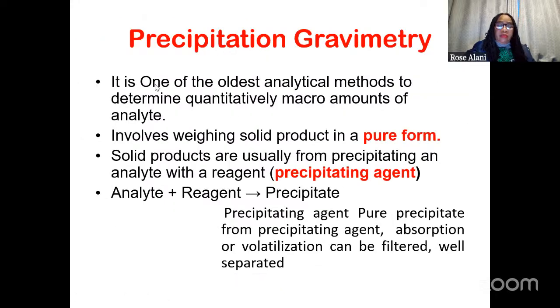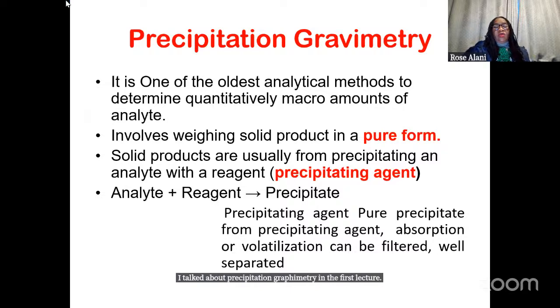So, I talked about precipitation gravimetry in the first lecture. We did a lot about it, but I still want to touch on some things here. I mentioned that it's the oldest analytical method to analyze and quantify analytes in macro amount, in large amount, not micro, and which involves weighing solid products in a pure form.